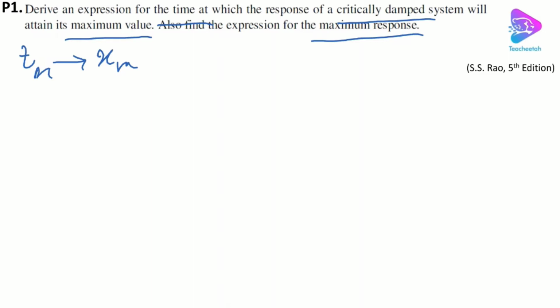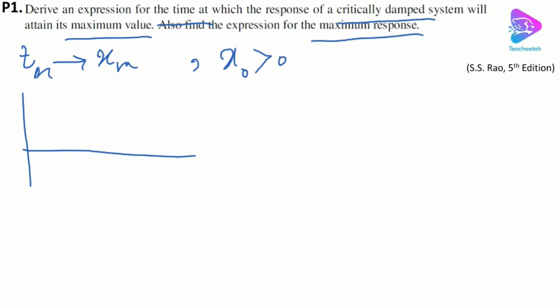As you may remember, a critically damped system means that zeta is equal to 1, and the behavior of the system, depending on the initial condition, could be different. So assume that we have a positive initial condition, for example, a positive displacement x0 greater than 0, right?